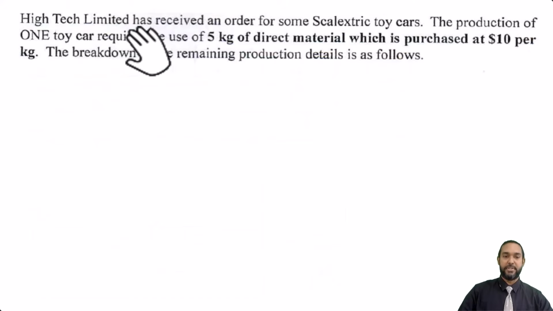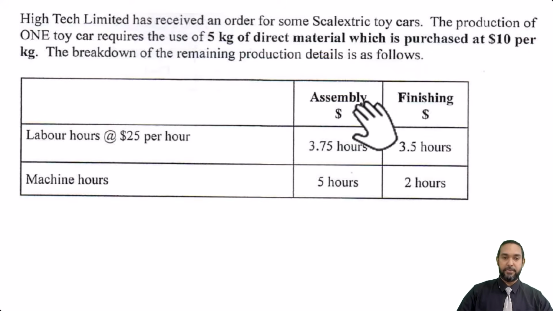Right, so High Tech Limited has received an order for some Scalextric toy cars. The production of one toy car requires the use of 5 kilograms of direct material, which is purchased at $10 per kilogram. Okay, the breakdown of the remaining production details is as follows. Assembly, finishing, labor hours at $25 per hour. So you use 3 3/4 labor hours in the assembly department and 3.5 labor hours in the finishing department.